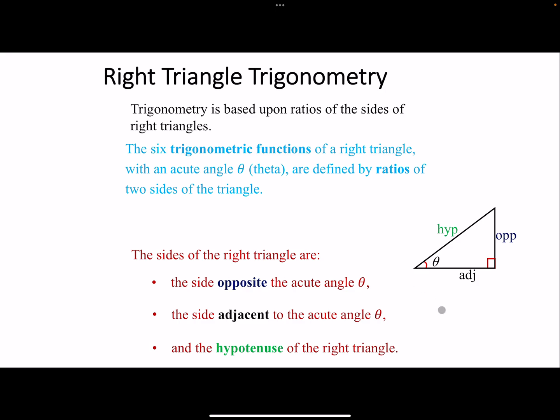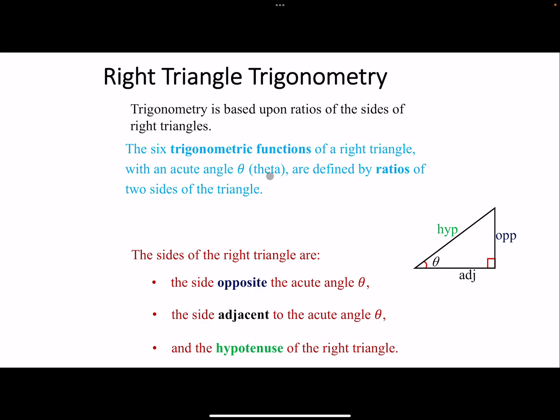It's one of the two other angles of the right triangle. And we refer to the angle that we're focusing on as the angle theta. Okay? This symbol right here that kind of looks like a 0 with a line going horizontally across, this is Greek, and it stands for theta, okay?